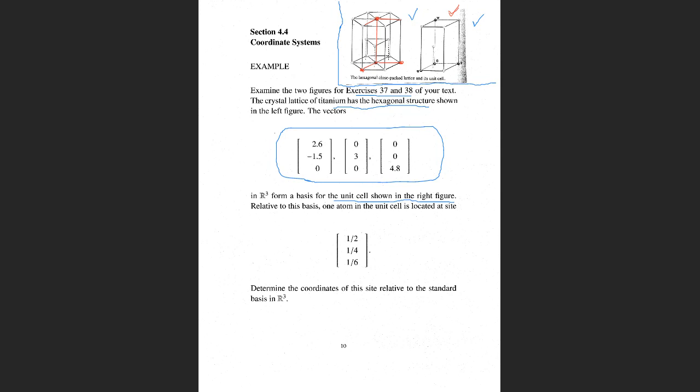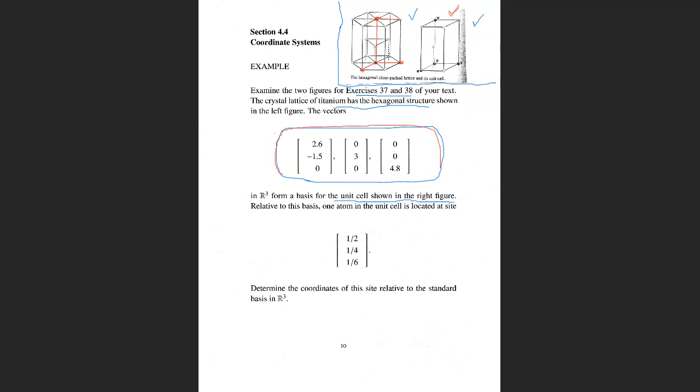What I'm trying to say is the distances. Don't think about standard basis, just think in terms of distance. Distance is distance. So on the right here, I have a U, V, and W, and I would like to label these three vectors.